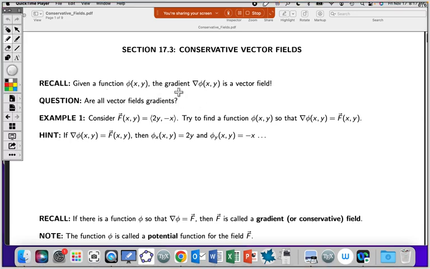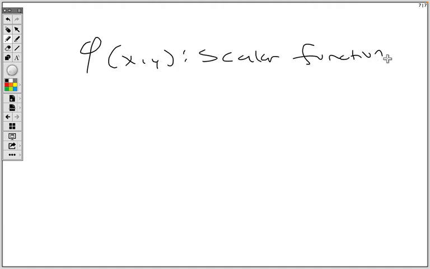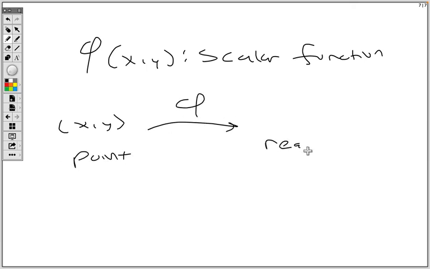Okay, but before we get into that, we have to talk about what it means to be a gradient field. So given a scalar function phi of x, y, so this is our new generic phi here, phi of x, y is a scalar function. It takes a point to a real number.